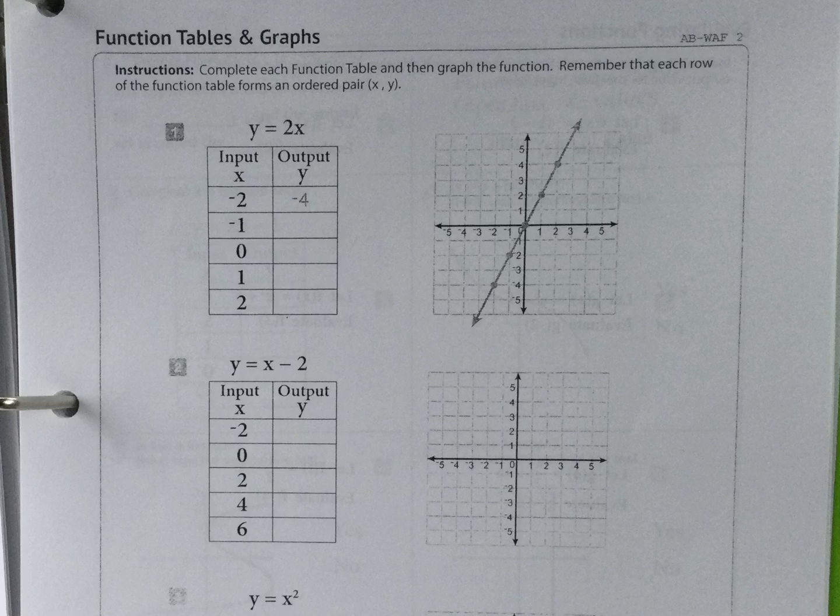So on this page, you're going to do just what we were doing. This is my rule, 2x. I'm just going to write it over and over again. The first time, I'm going to erase my x and replace it with a parenthesis, -2, and I get -4.